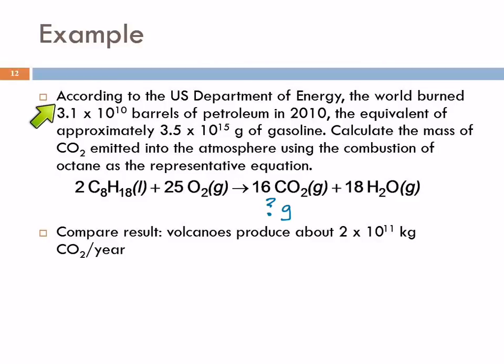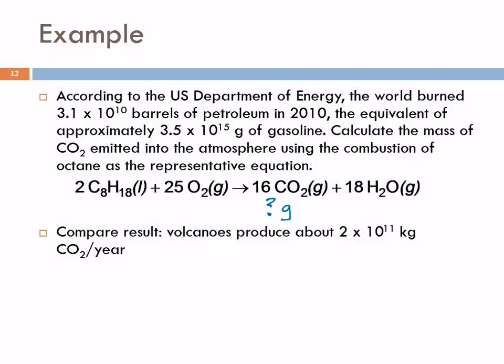I've got barrels of petroleum, and I've got grams of gasoline. And gasoline doesn't show up in this equation at all. But this is saying, using the combustion of octane as the representative equation. What that means is we're going to assume that this 3.5 times 10 to the 15th grams of gasoline is all octane.